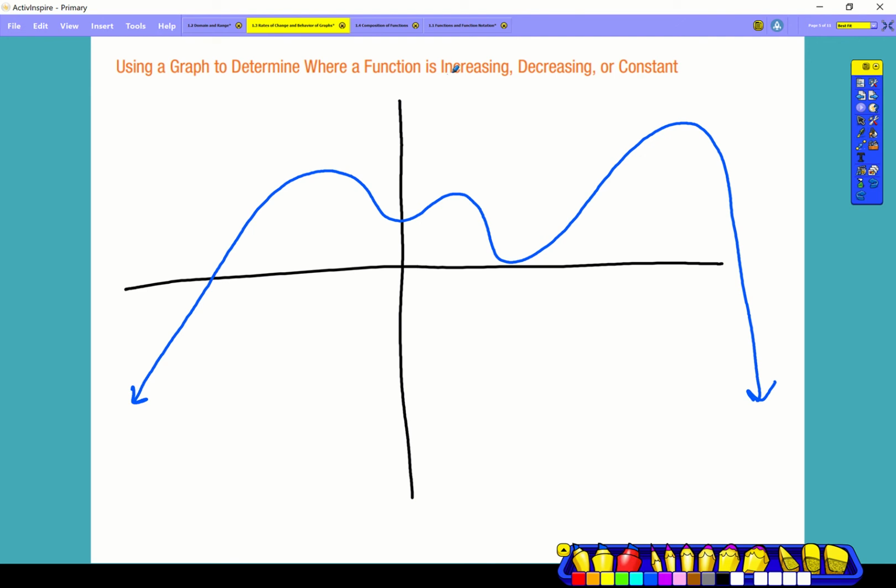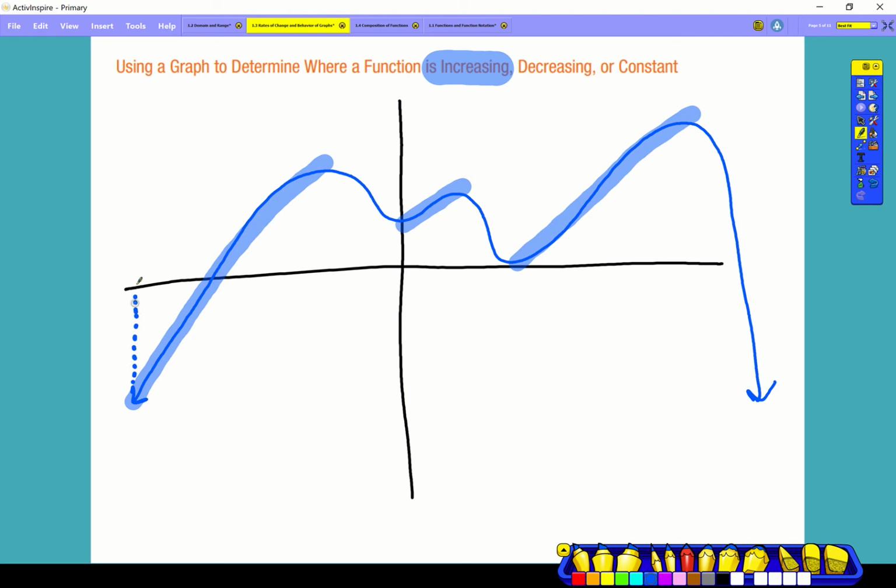So now if we were going to be talking about things that are increasing, we're going to now be talking about points on the graph where you can see things are increasing, getting larger, right? So things are going uphill. And these correspond to intervals down here.